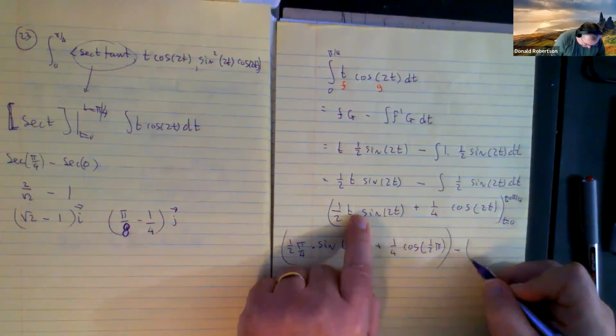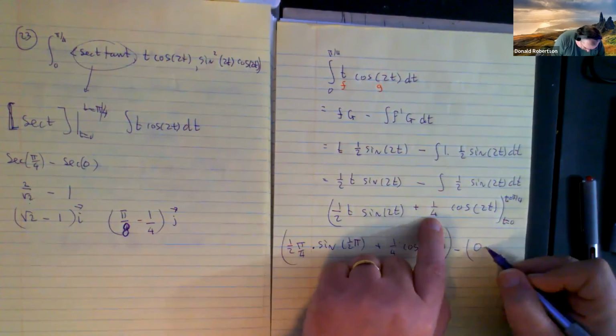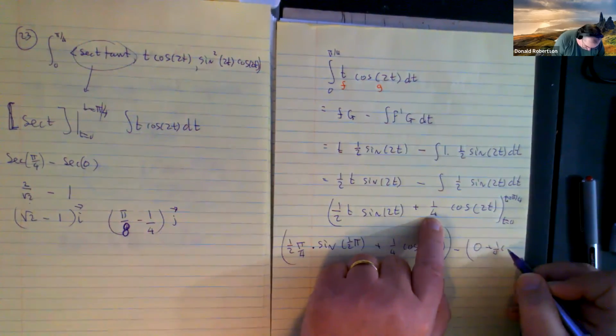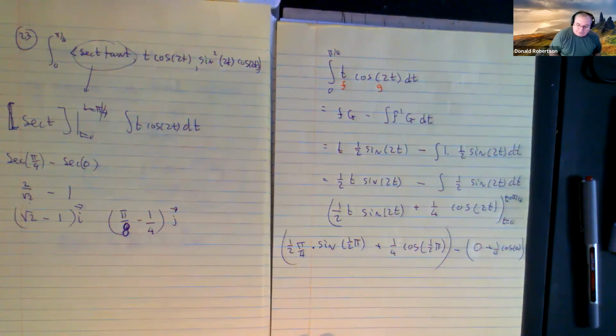Take away the sine, and nothing times nothing is nothing, plus 1/4 the cosine of 0. So far, so good. Right.